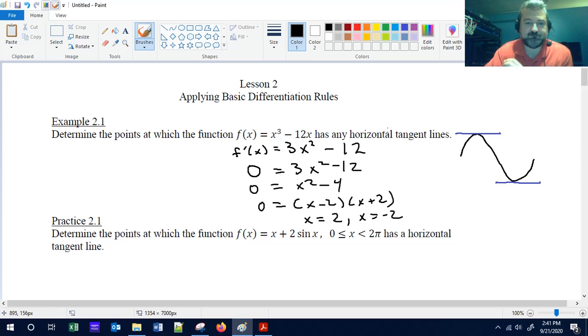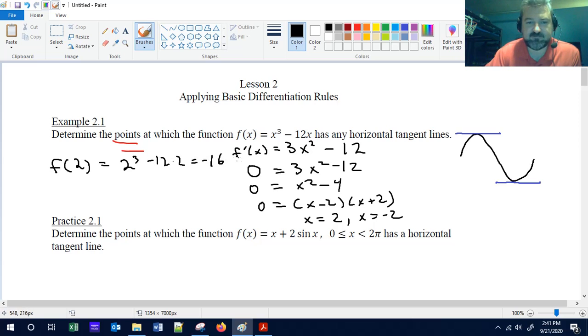Sometimes that's all they want. So they'll say determine the x value. But this does not say that, so you want to be careful. This says determine the points, which means we need x comma y. So I need to go back and evaluate the original function at each one of these. So f of 2 is, let's see, 2 cubed minus 12 times 2. That's 8 minus 24, which is negative 16.